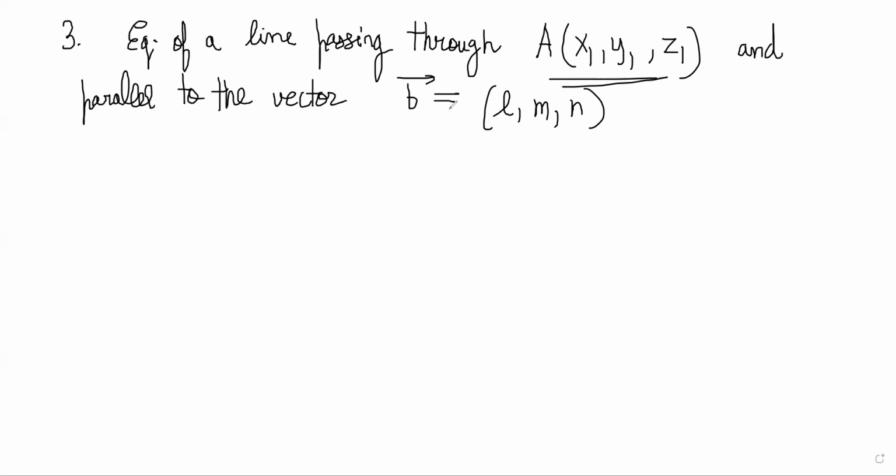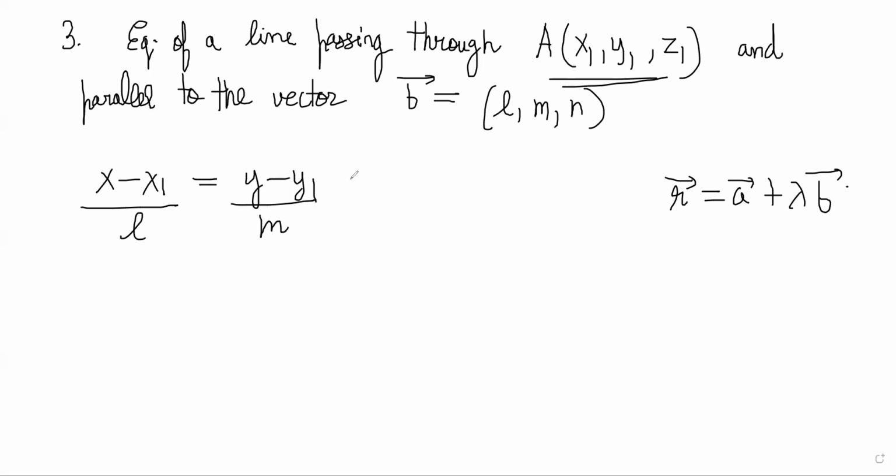This is actually the same thing as before, A plus lambda B, but I want to write this in Cartesian form, and in Cartesian form you'll write it like this: x minus x1 by L is y minus y1 by M and is z minus z1 by N. Here L, M, and N show us the direction of the line, and the line passes through x1, y1, and z1, right? So you should be aware of this Cartesian form of the line equation also.